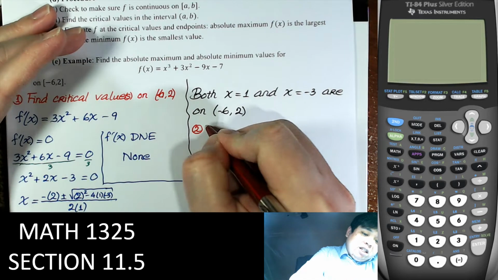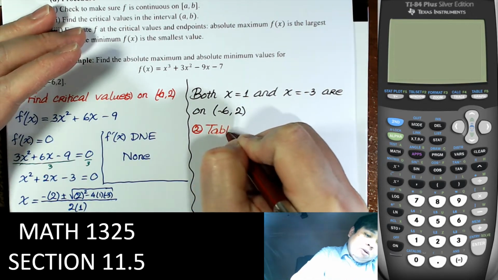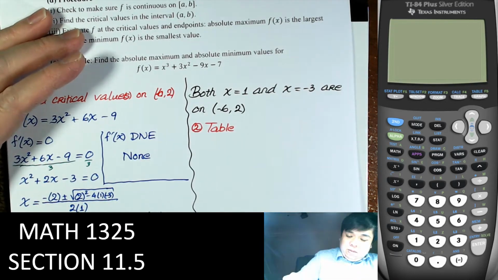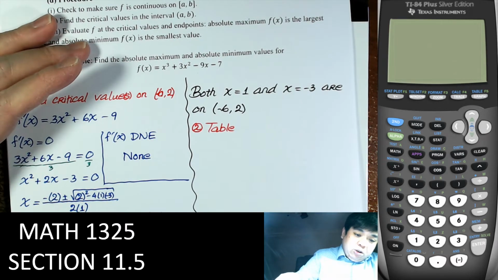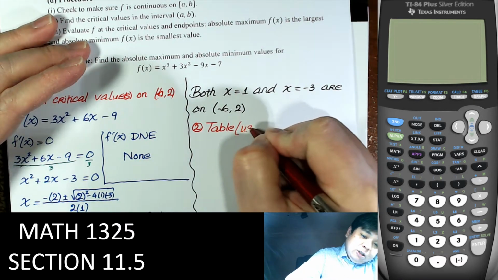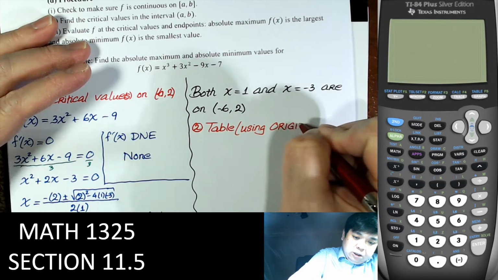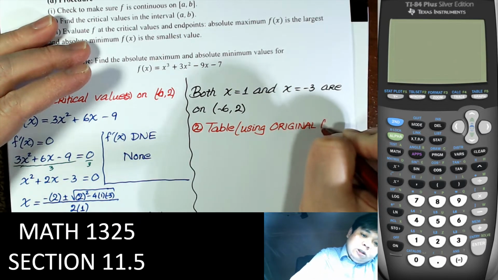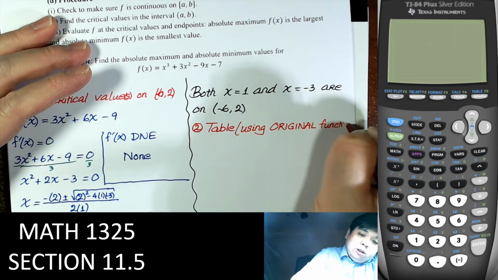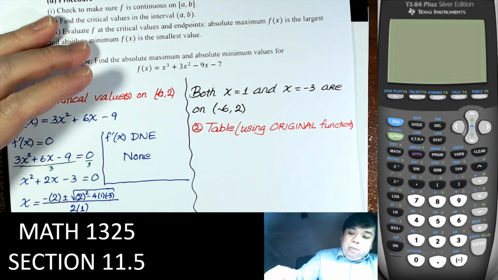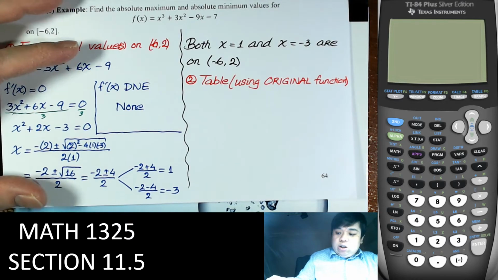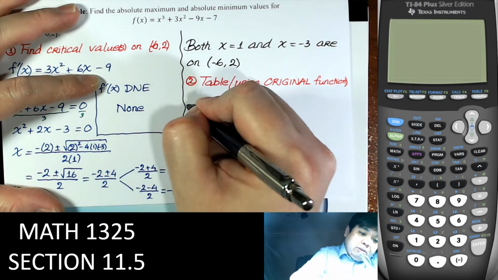So for the second step, we use a table, and the table uses the original function, because we compare the values of the original function so we can find the maximum or the minimum.